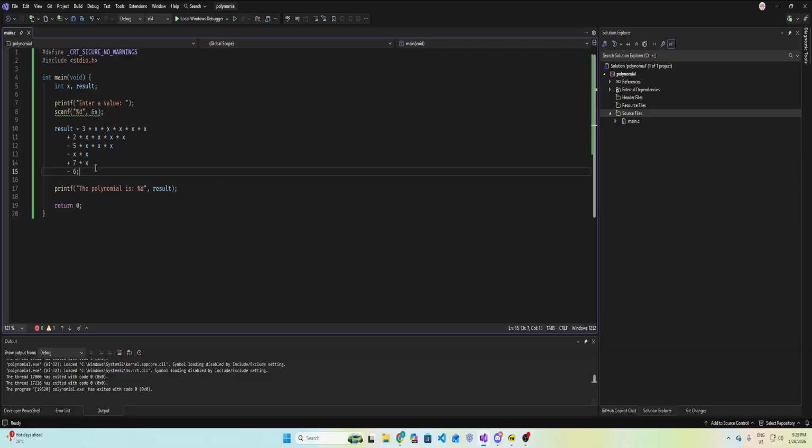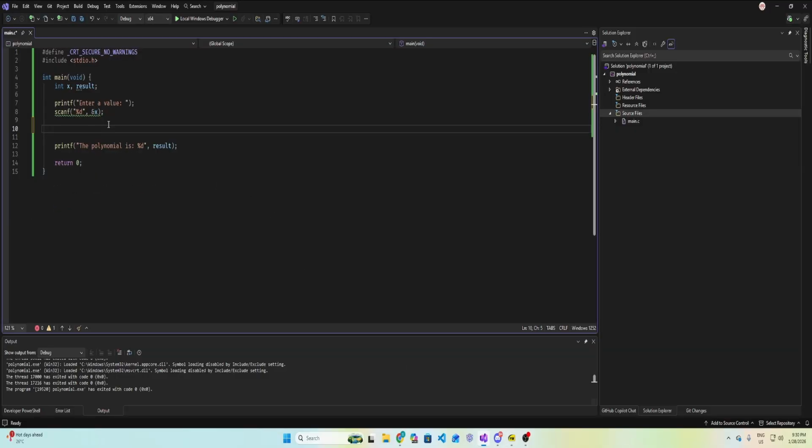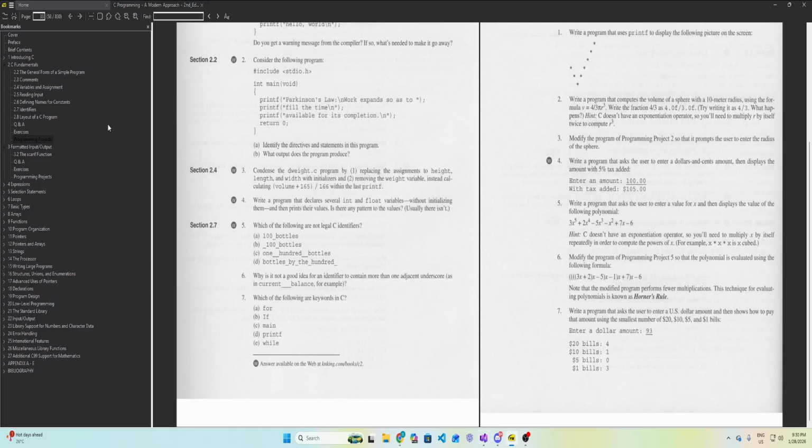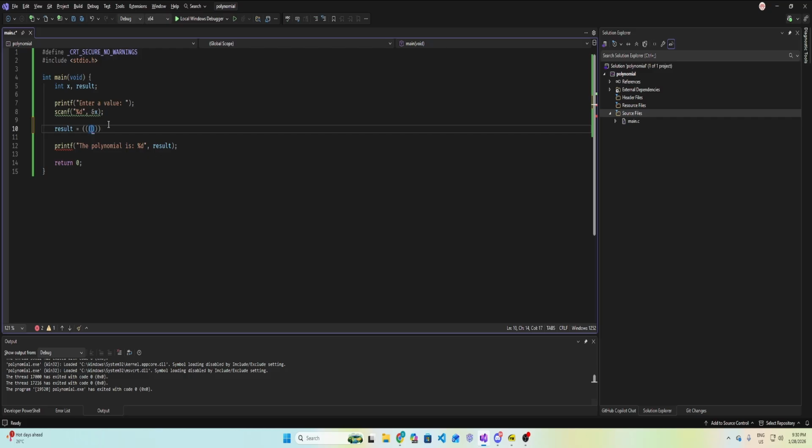I'm also not going to overthink it. Still going to have that scan, and we just say result. Now I'm wondering, can I just bonk it in like this?